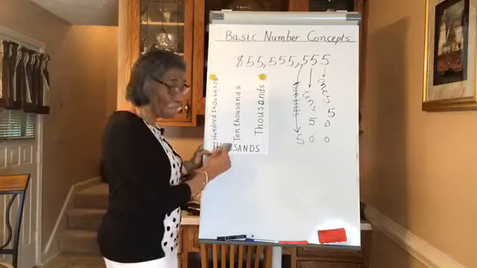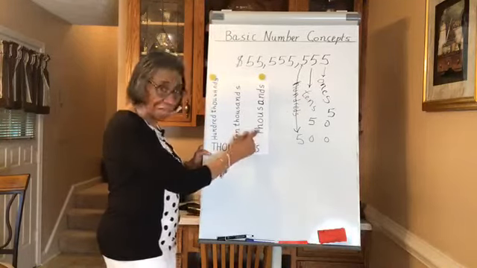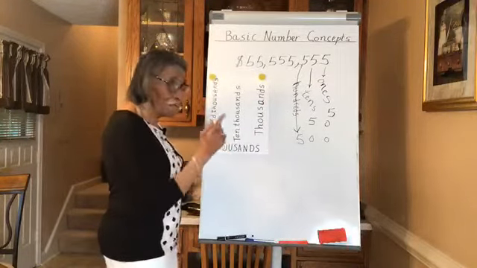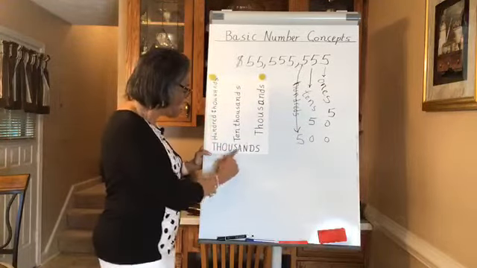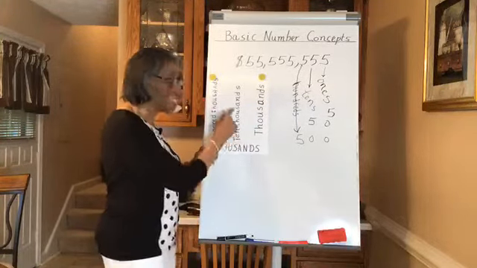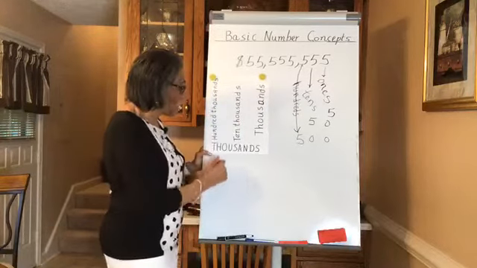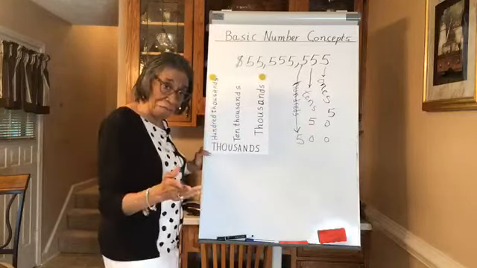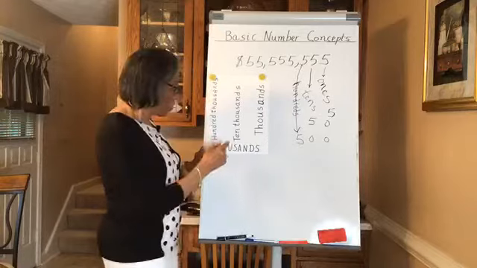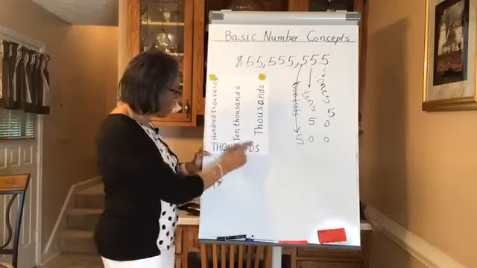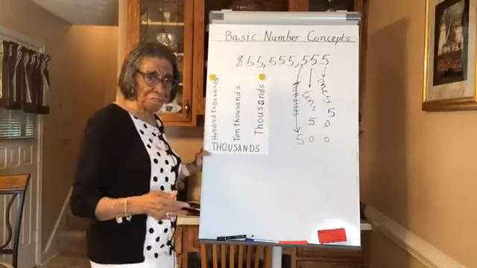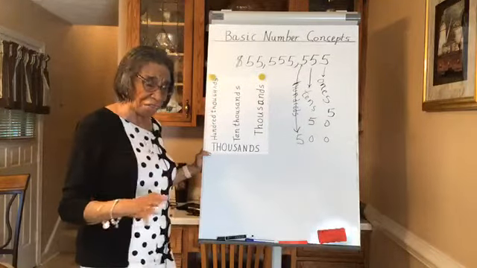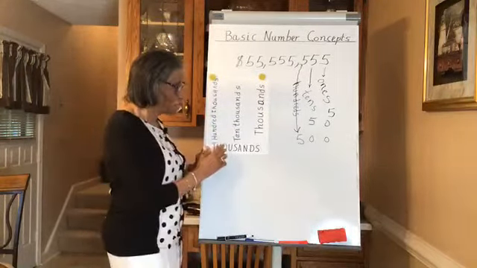The first member of the thousands family is thousands. The second member of the ones family was tens. The second member of the thousands family is 10,000s. The third member of the ones family was hundreds. The third member of the thousands family is 100,000s. So it's sort of repetitious. If you know one, you sort of know the other. All you have to remember is the last name.